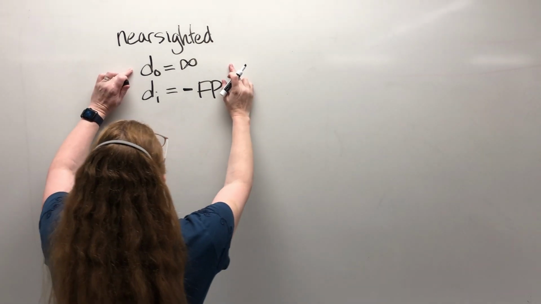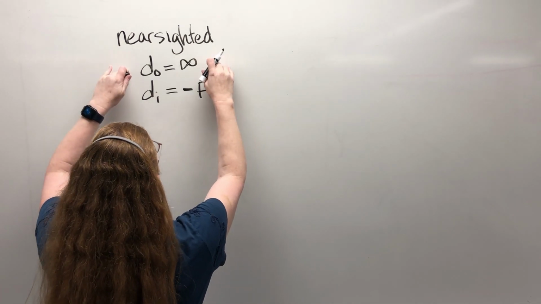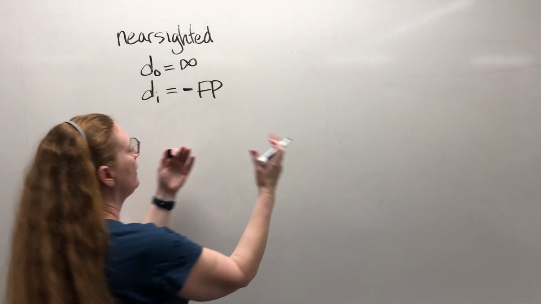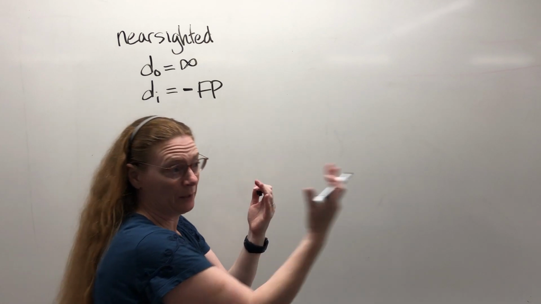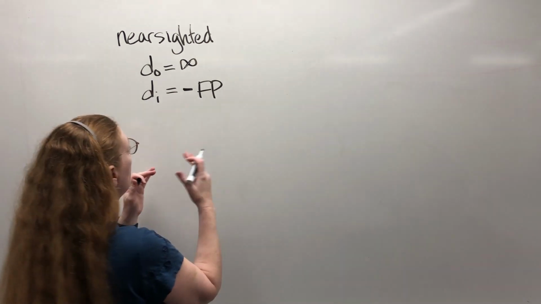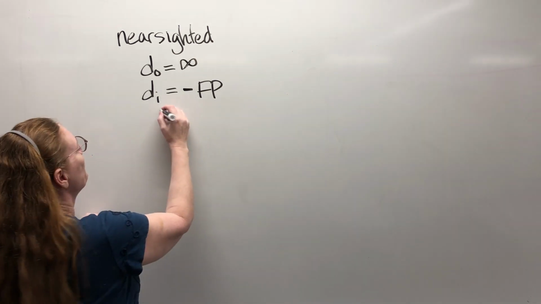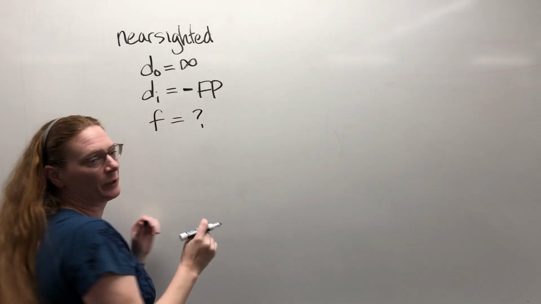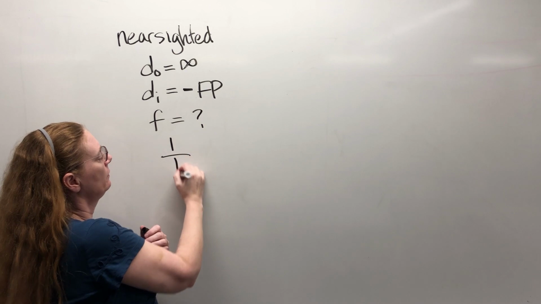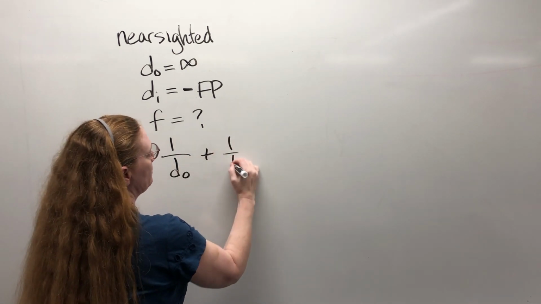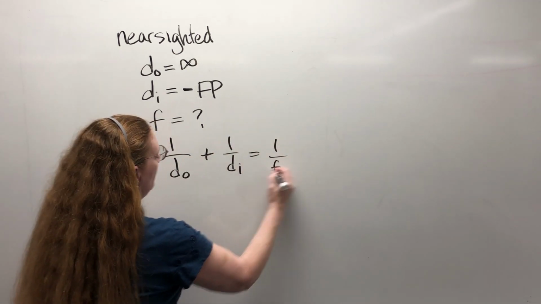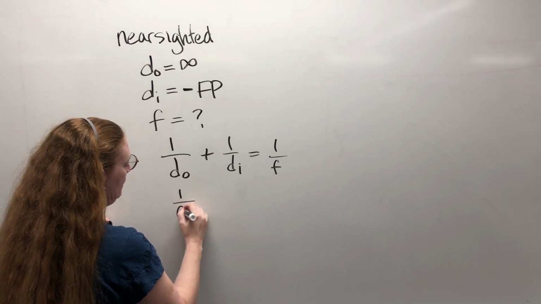Now DO is infinity, something far away. We're going to make an image of it at the closest we can bring it and still have it not blurry. So what kind of focal would I need? Well, we can just go back to our original lens equation. DO is infinity.